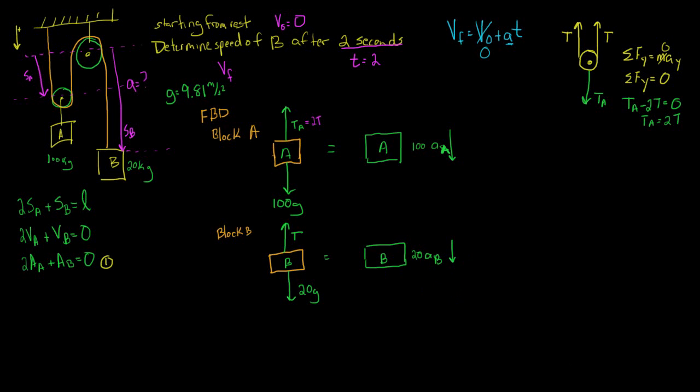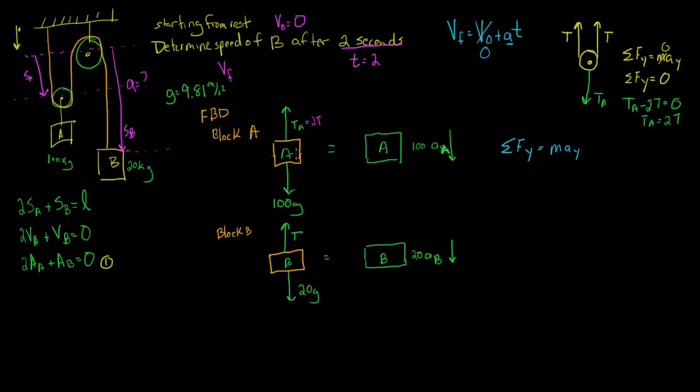So now, if we sum our forces, we're going to get two equations. The sum of the forces in the y direction is equal to mass times the acceleration in the y direction. And this is true for both of these equations.